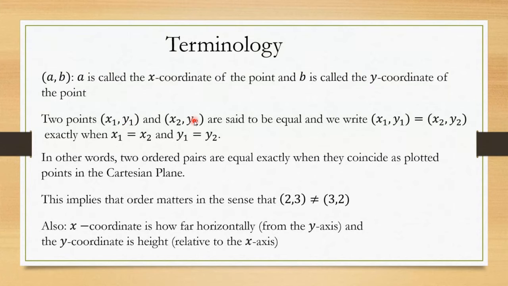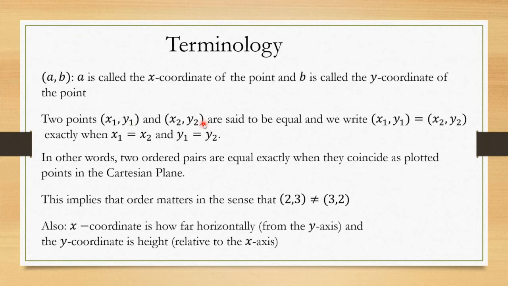So 2 points in the Cartesian plane are said to be equal, and we write this, if their x coordinates are equal and if their y coordinates are equal. Visually, the 2 points are going to overlap when you plot them.